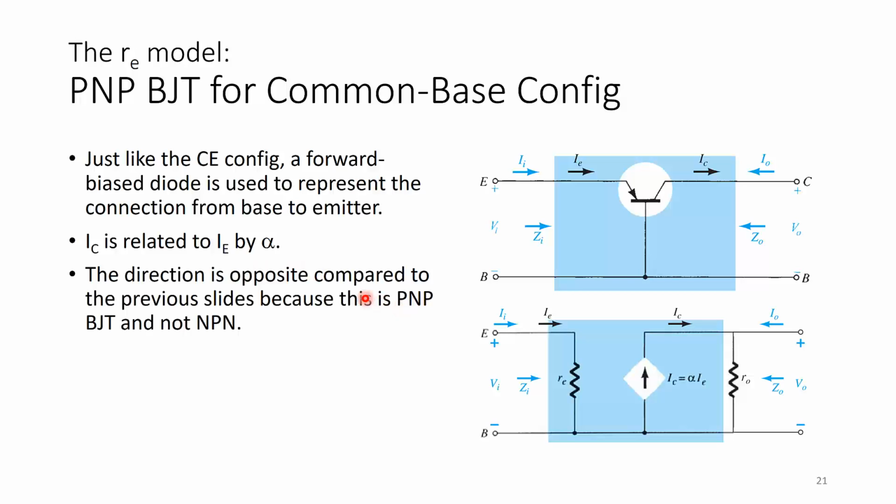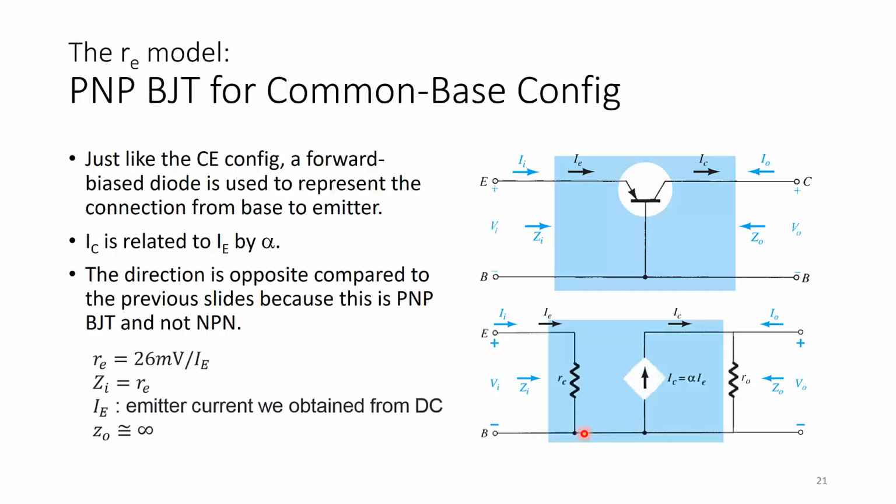So here, the direction is opposite compared to our previous slides of NPN common emitter, because this is a PNP BJT and not NPN. And in this case, we still have the same Rout, because it's the same transistor.